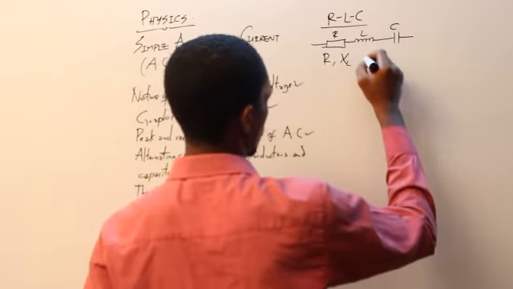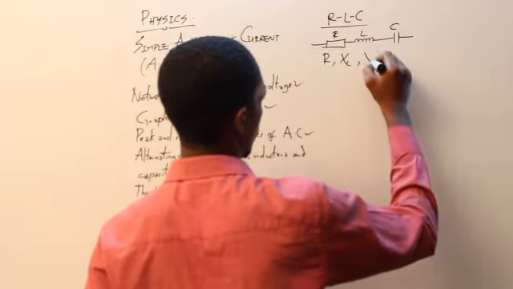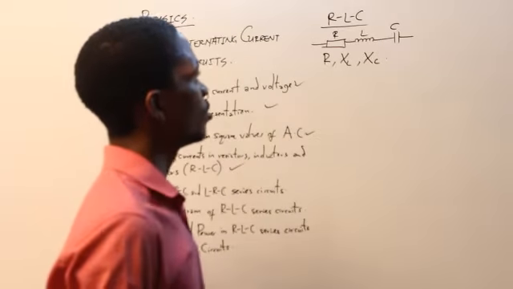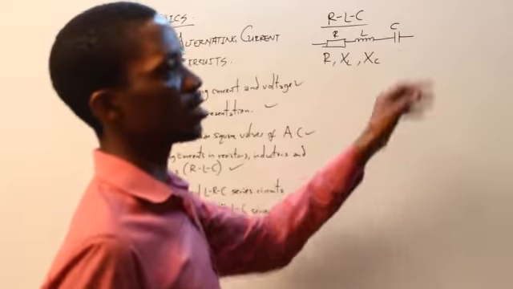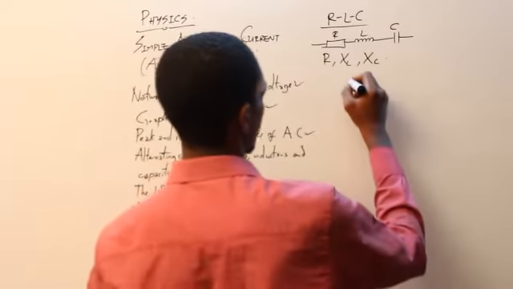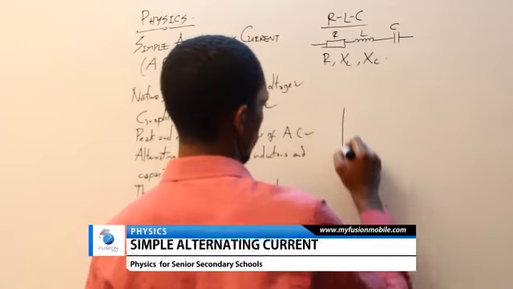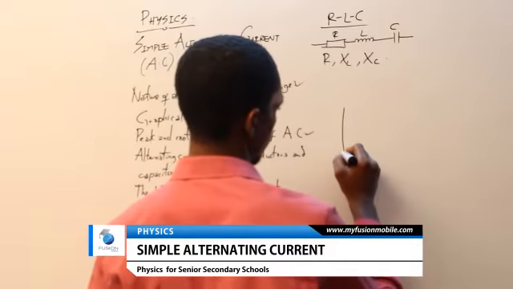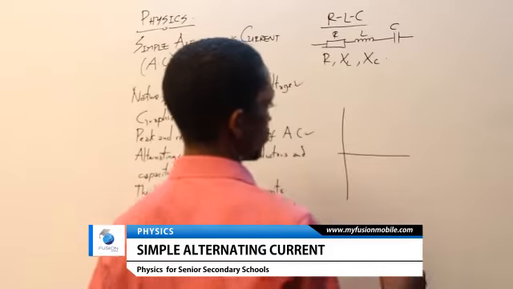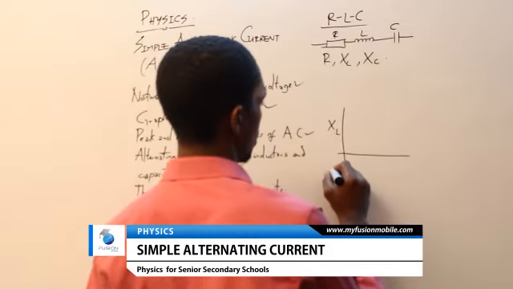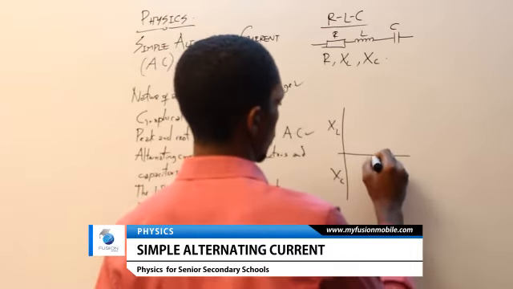We also know how to calculate that by now, and also our capacitance is there. We know the relationship between them when we draw the diagram. This is our inductance, this is our capacitance, and this is our resistance.